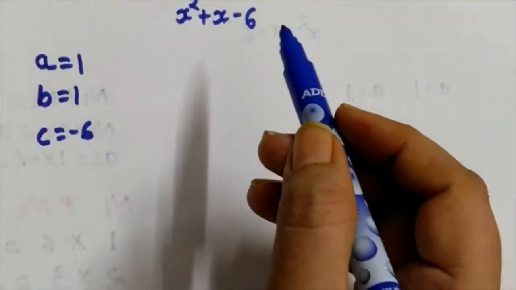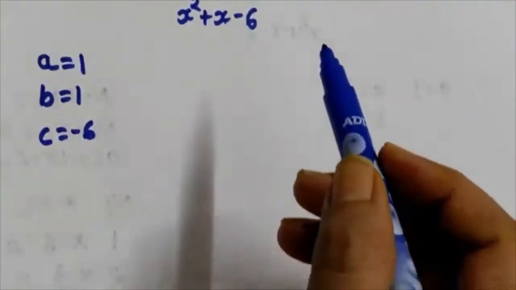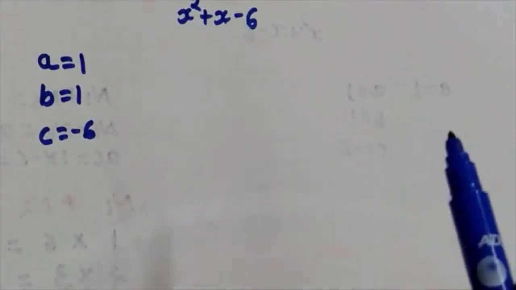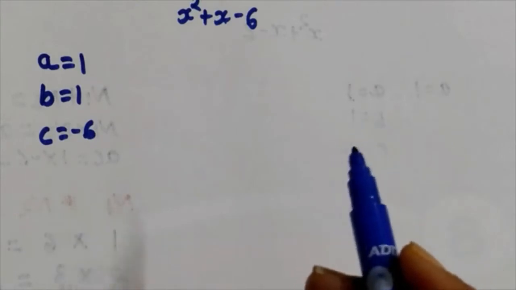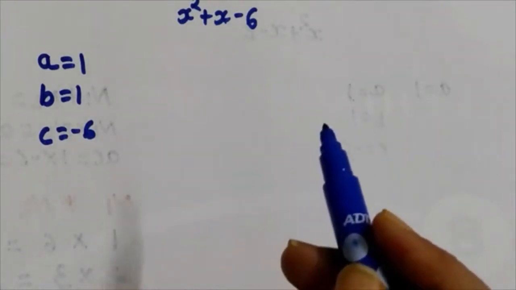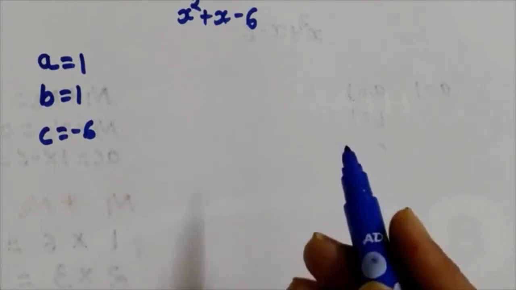To split the middle term, we need to think of the combination which can satisfy both the conditions. n1 plus n2 is equal to b, and n1 into n2 is equal to ac.